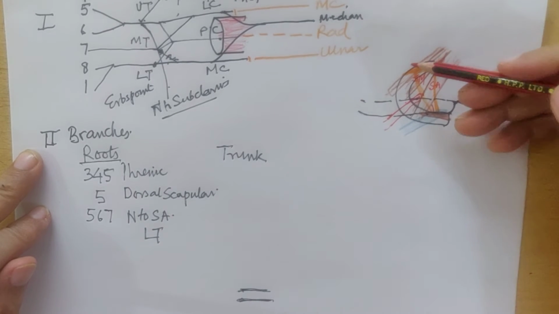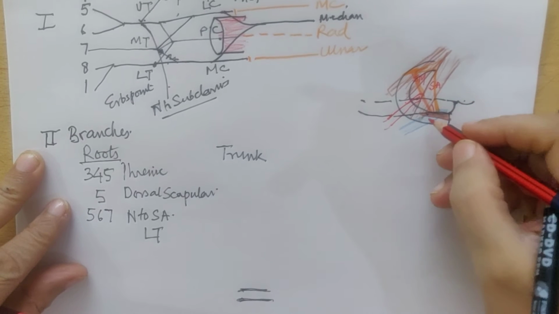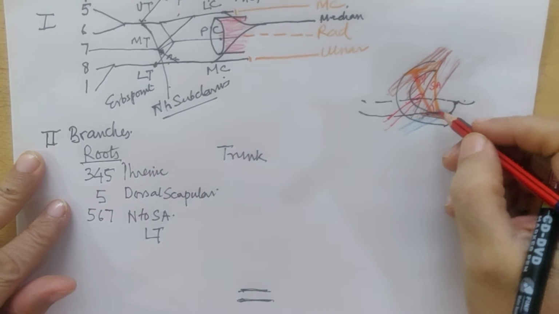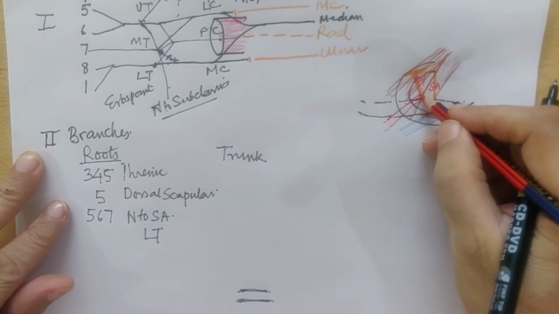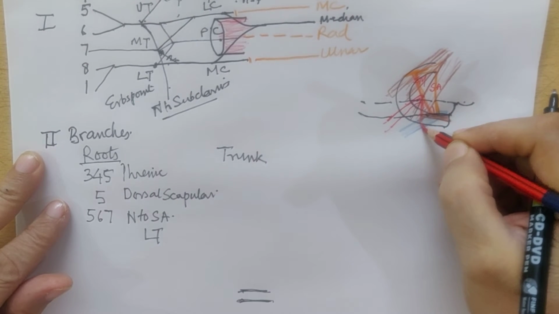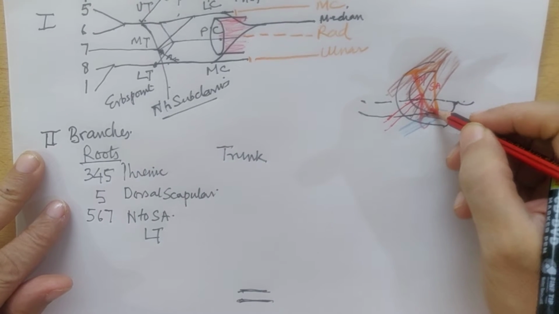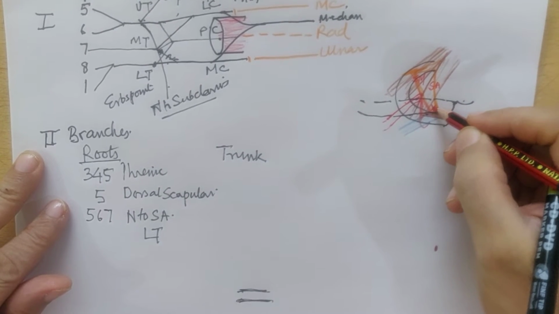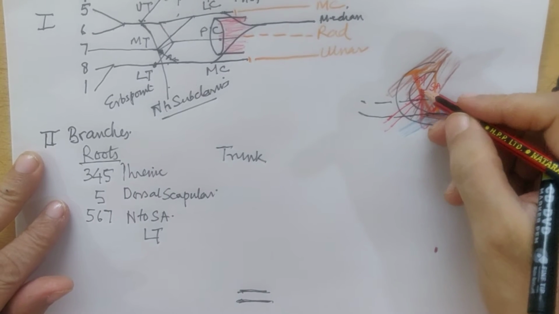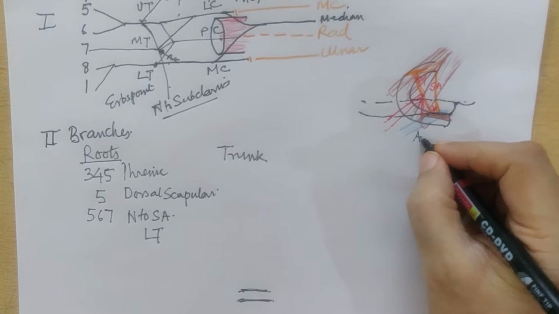This nerve doesn't only supply the subclavius, it also sends a branch which winds around the axillary vein and goes and meets the phrenic. This branch is called accessory phrenic.